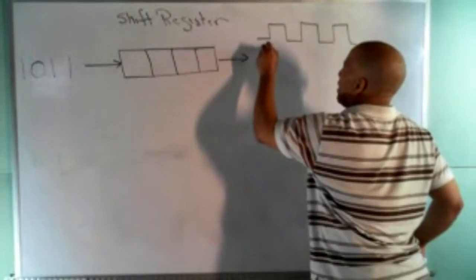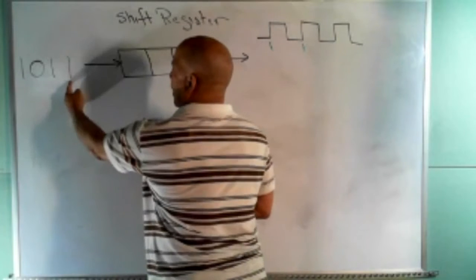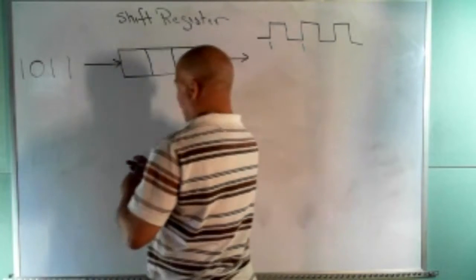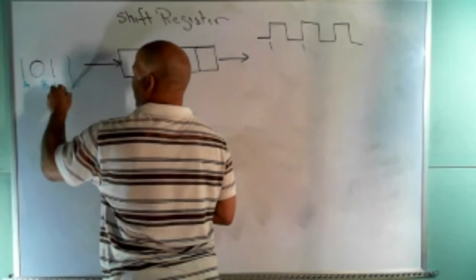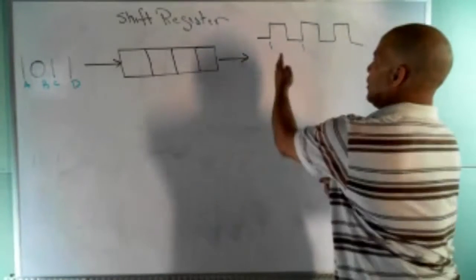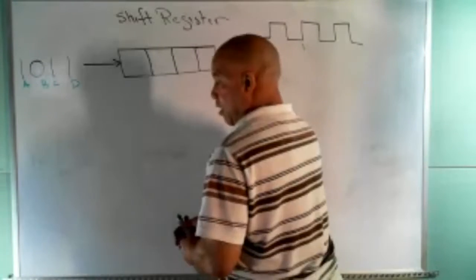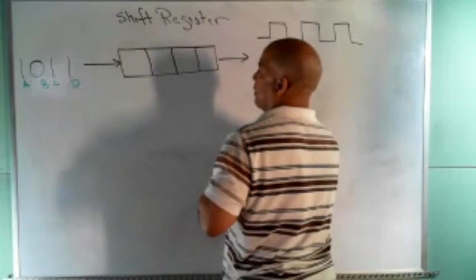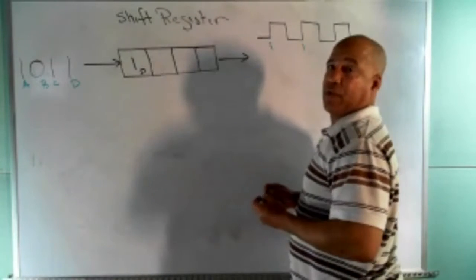So let's say from here to here is that bit time. This 1 will move into the shift register. I'm going to label this A, B, C, and D. So when that first pulse of the clock goes, this thing's going to shift over, and this 1, this is 1 with a D on it, is going to move into the shift register.